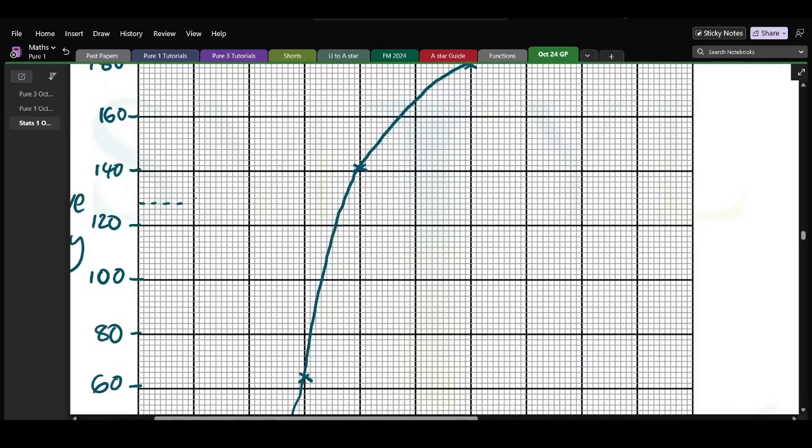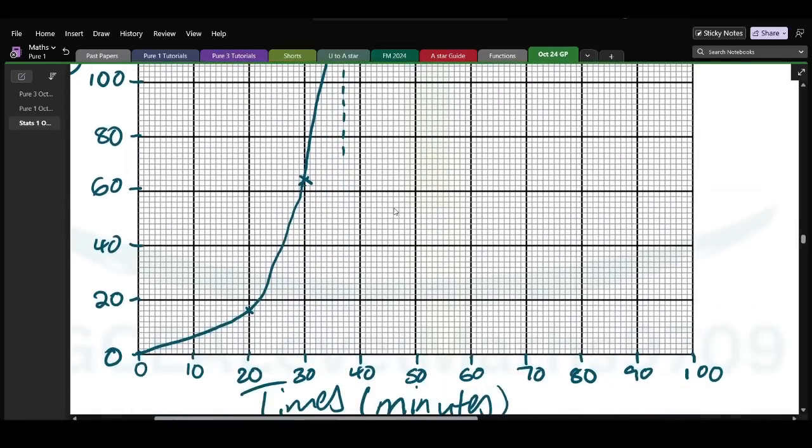So let's draw construction lines up until we get to the curve. Alright, and now we start going downwards until we get to our value.